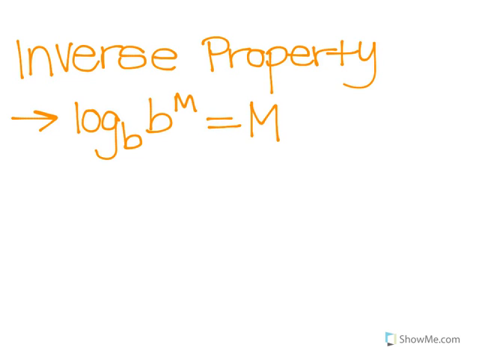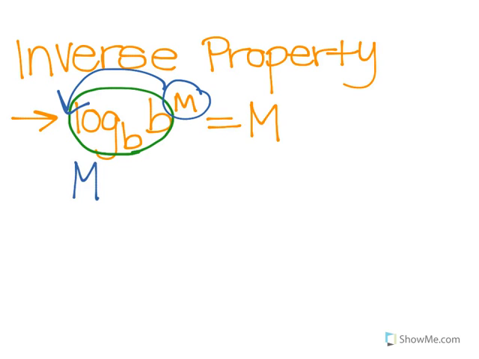This essentially cancels itself out, and this is why. If we apply the property we just dealt with, we take this m and we fly it in front. So technically my next step would be m times log base b of b. At this point we've evaluated logs with the same base.